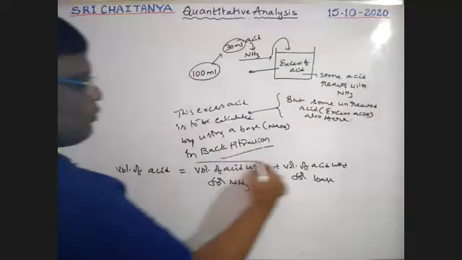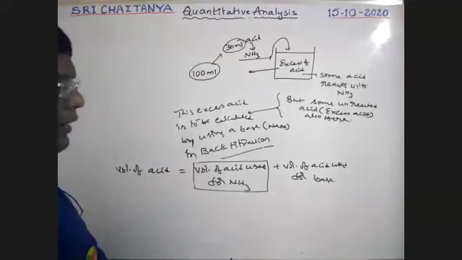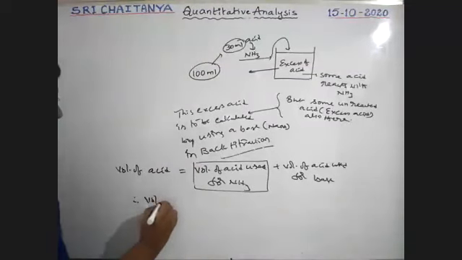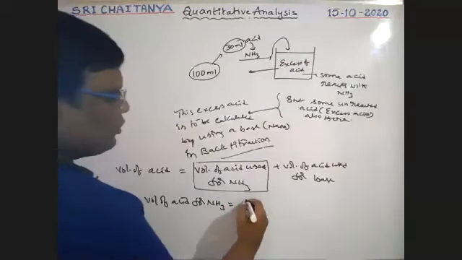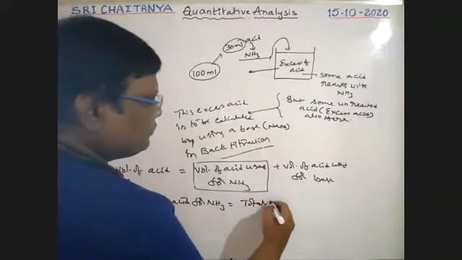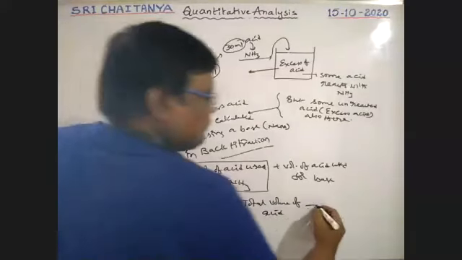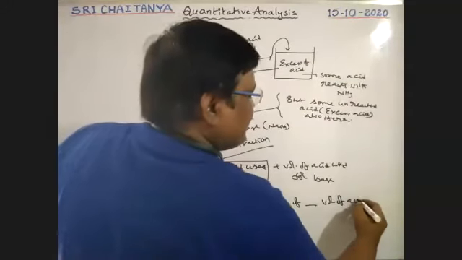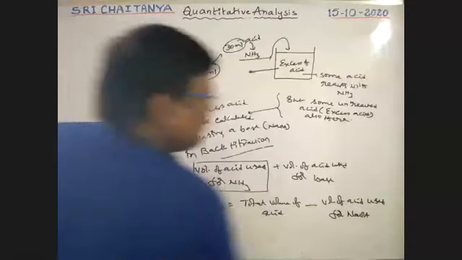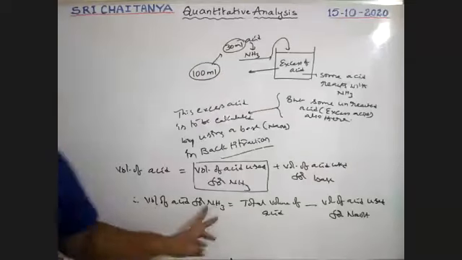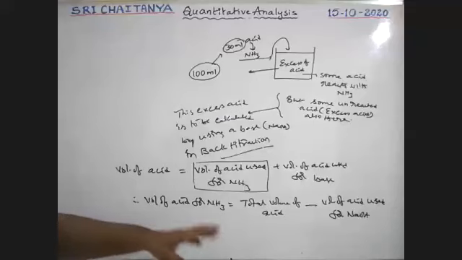But we want volume of acid used for ammonia, because that value is used in our formula. Therefore, volume of acid for ammonia is equal to total volume of acid minus volume of acid used for NaOH. So this is the way to find out how much volume of acid is used for ammonia.